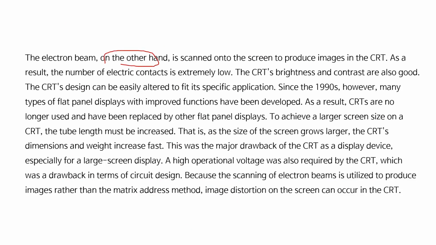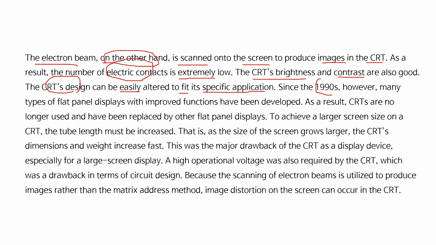On the other hand, the electron beam is scanned onto the screen to produce images in the CRT. As a result, the number of electric contacts is extremely low. The CRT's brightness and contrast are also good. The CRT's design can be easily altered to fit its specific application.